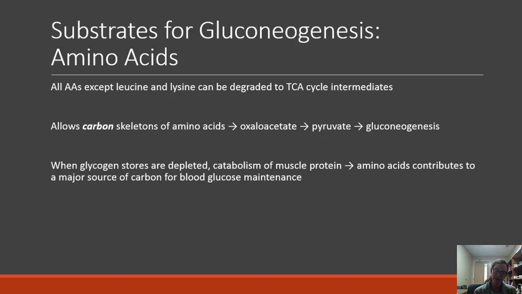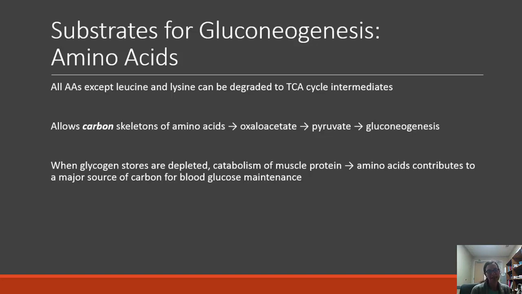If you think back to earlier in the lecture, we talked about having to take intermediates out sometimes; we also can make intermediates to put in sometimes. In this way, the carbon skeletons of amino acids can ultimately be used for gluconeogenesis. So we can use it to make glucose when we really need it.